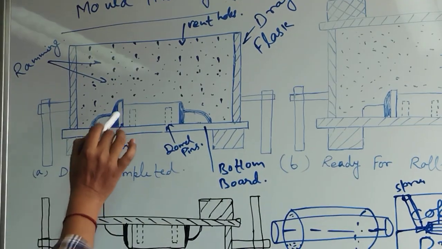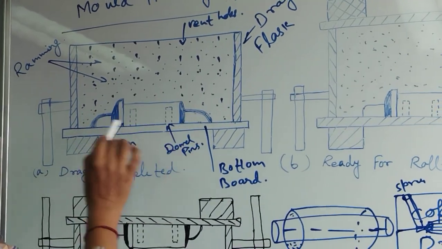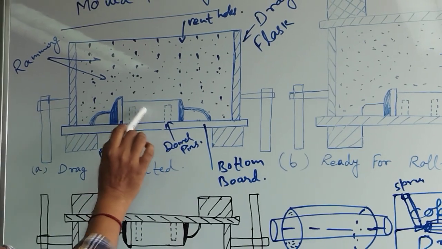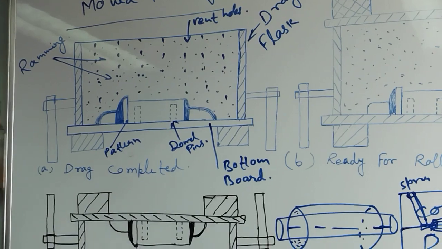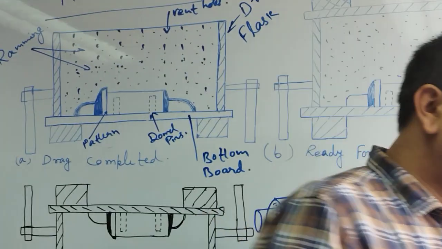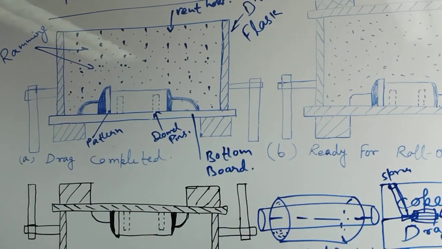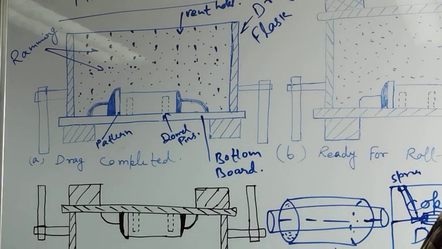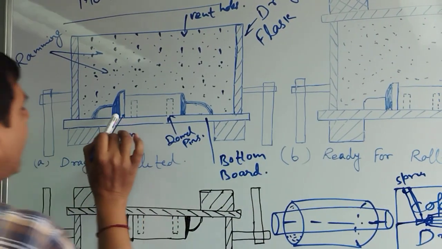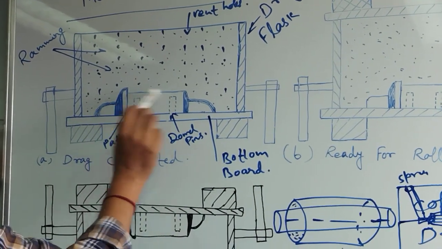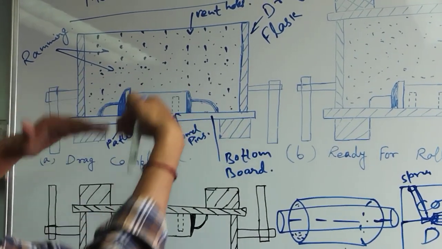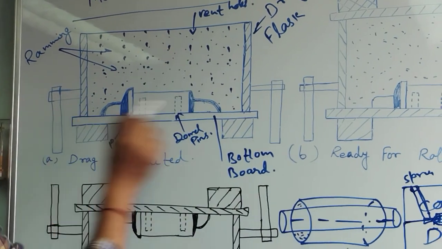First we place the replica of the object, that means the pattern, at the center of the bottom board, facing downward. The upside of the pattern is placed down on the bottom board.